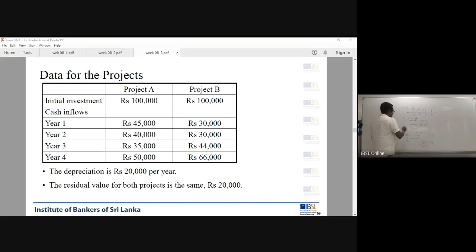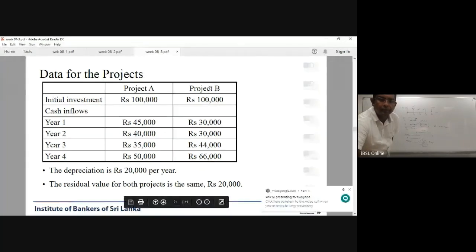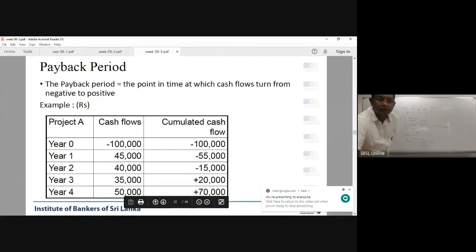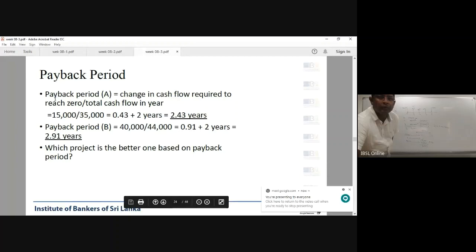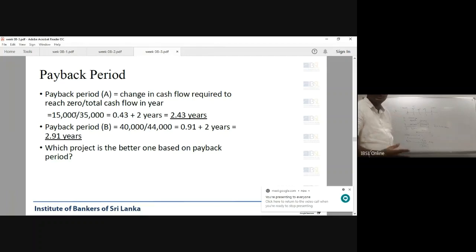So 2 years plus 0.43 years. If you go to the handout, see, this is what I have done now. 2 years plus 15 divided by the amount you need to recover, divided by the full year earnings. So it is 2.43.